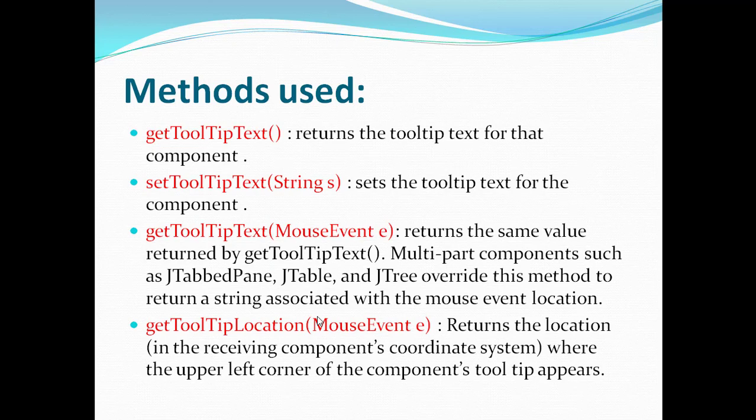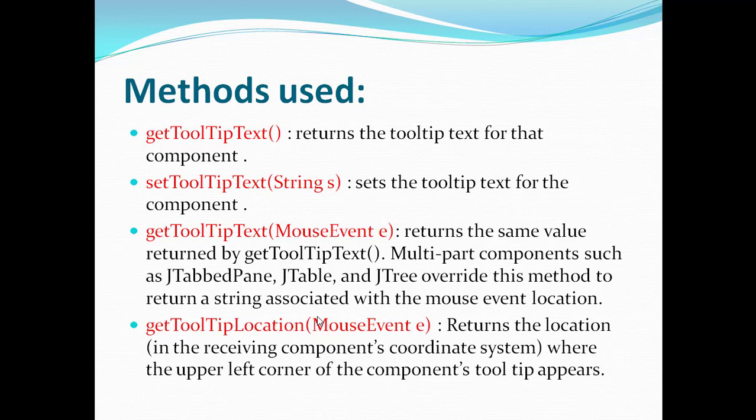Some of the methods provided by tooltip are getToolTipText, which returns the tooltip text for that component. Second method, setToolTipText(String s), sets the tooltip text for the component. Third method, getToolTipText(MouseEvent e), returns the same value returned by getToolTipText.